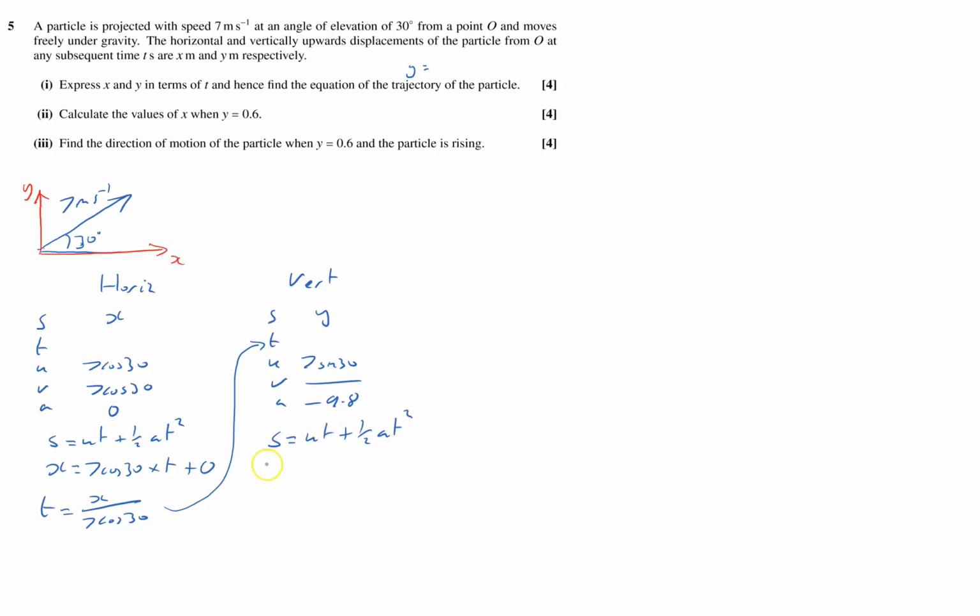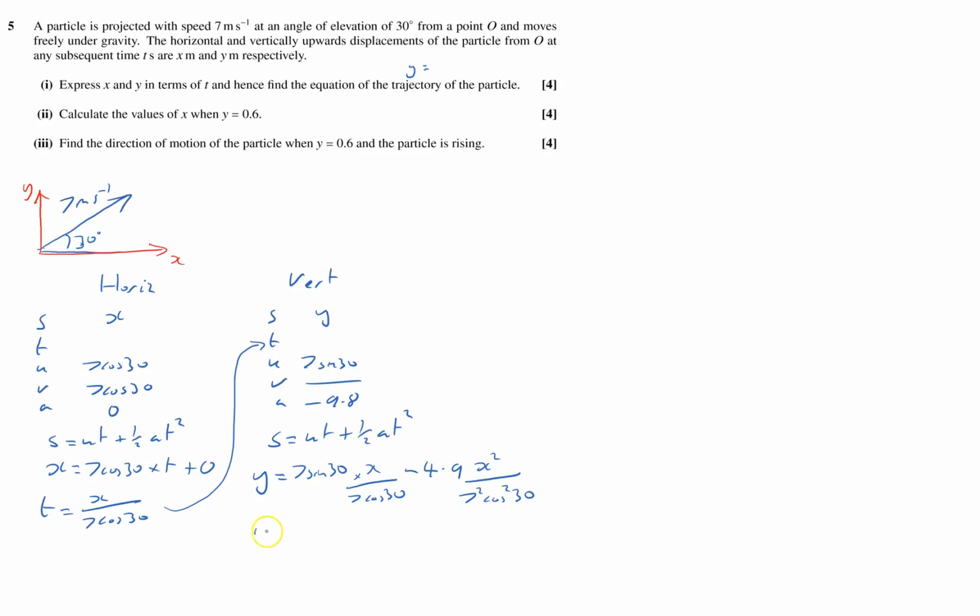And substitute that in, s, that's y, equals u, which is 7 sine 30, times t, which is x over 7 cos 30, and then that'll be plus a half a, but a is minus 9.8, so that'll be minus 4.9, and then times t squared, that will be this bit squared, so that'll be x squared over 7 squared cos squared 30.